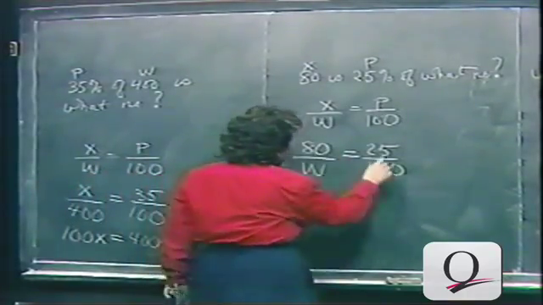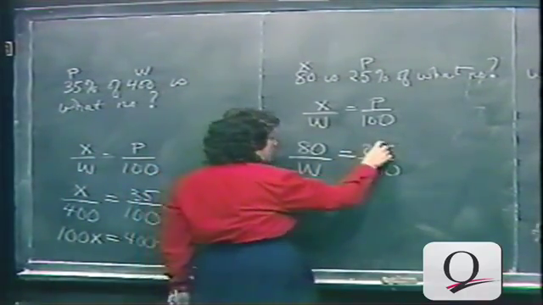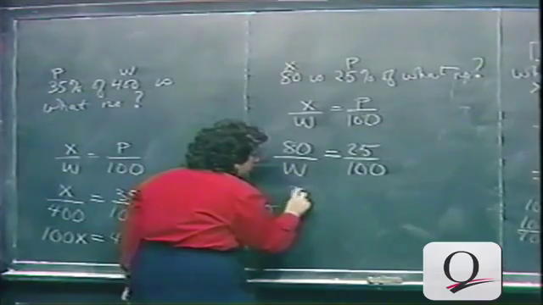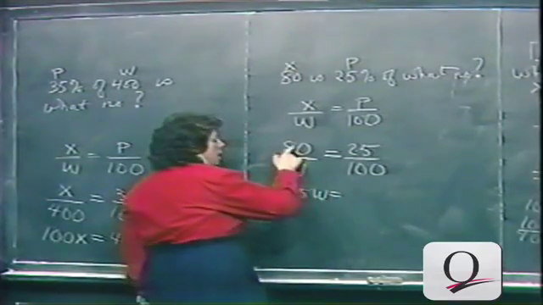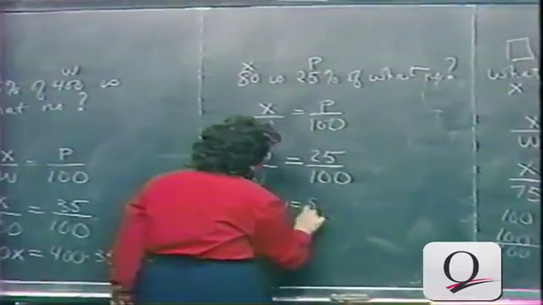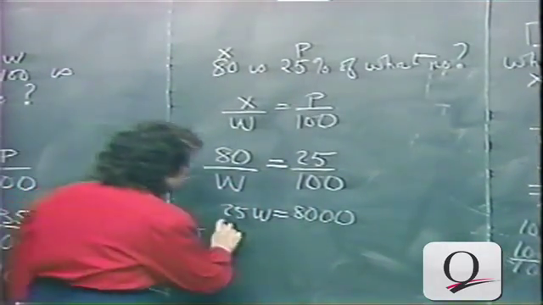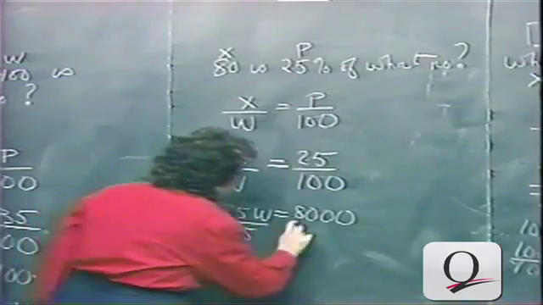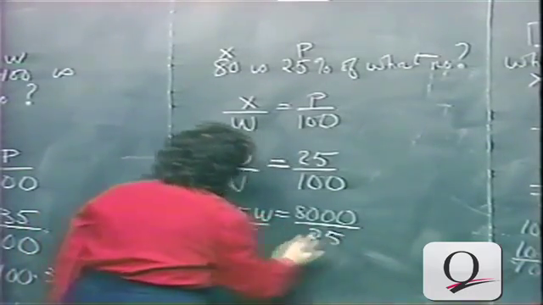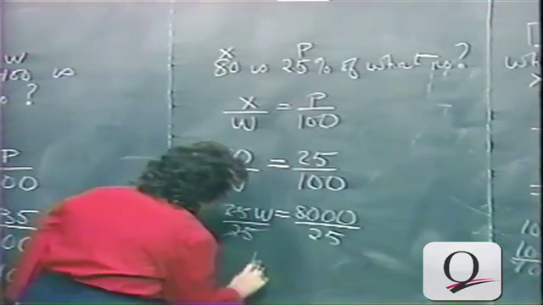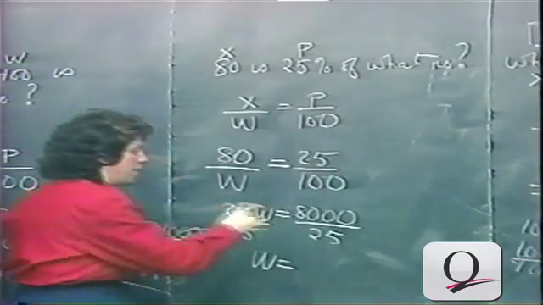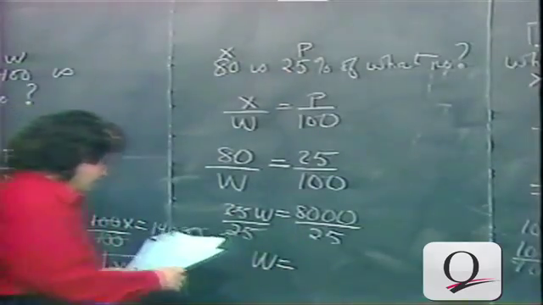Cross multiplying, 25 times W is 80 times 100, or 8,000. Dividing both sides by 25, how many 25s in 8,000?